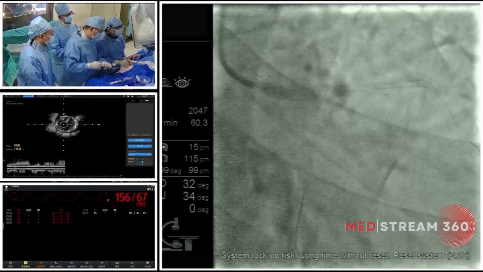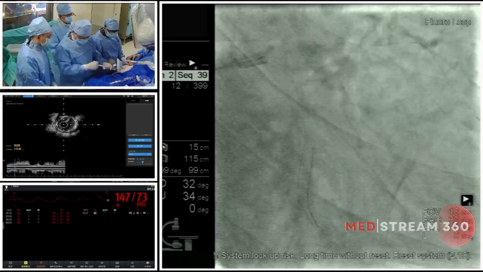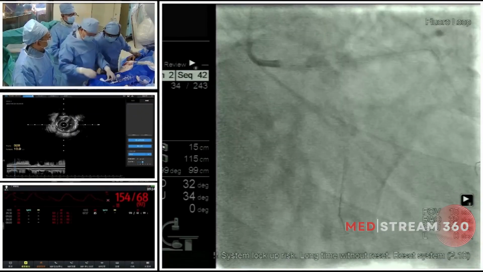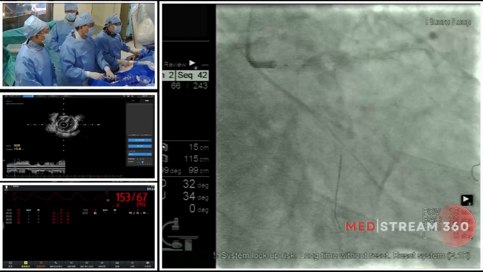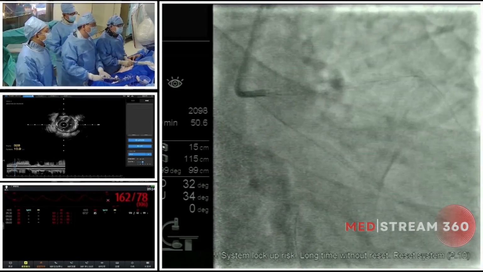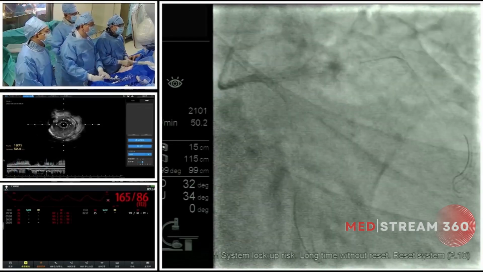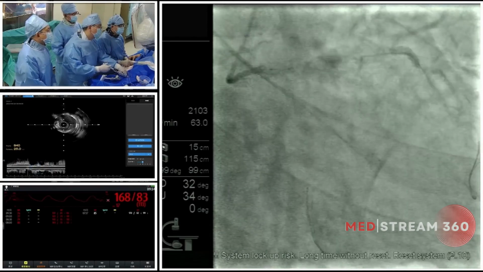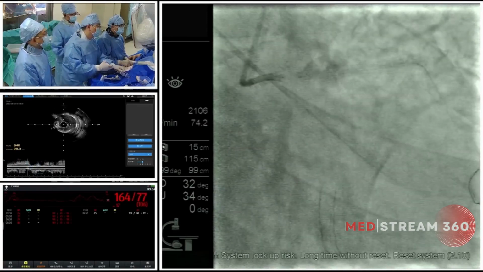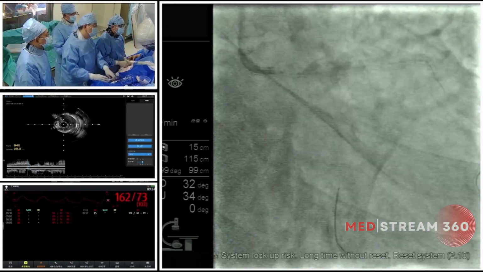A little contrast. Okay. Once we cross to the left main, because there's a difference in diameter between the left main and the proximal LAD, after the stenting we always have to do the POT in the distal left main to get a better stenting result. Yeah. From the IVUS image, there's no stent malposition, but only some parts are not well expanded.